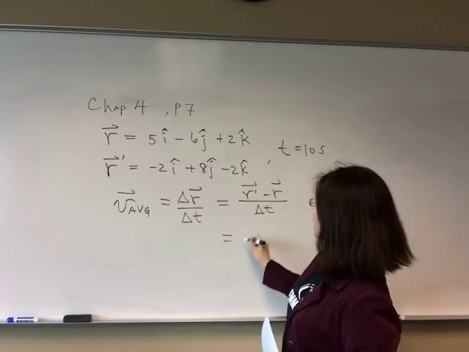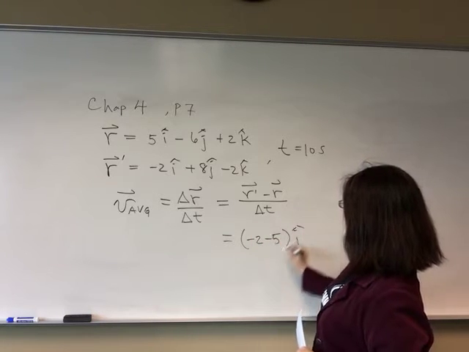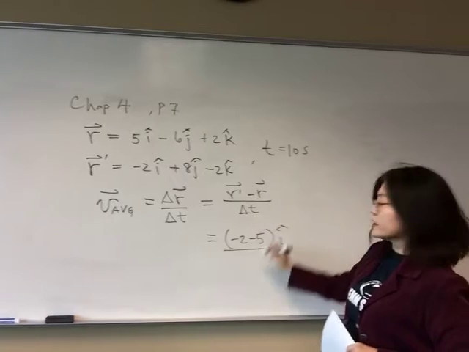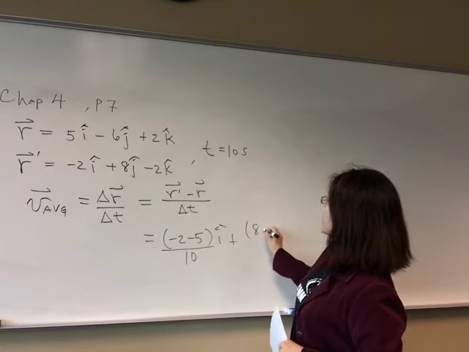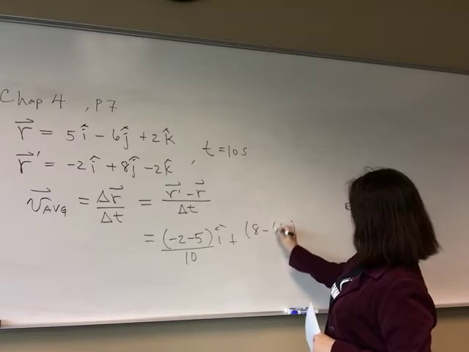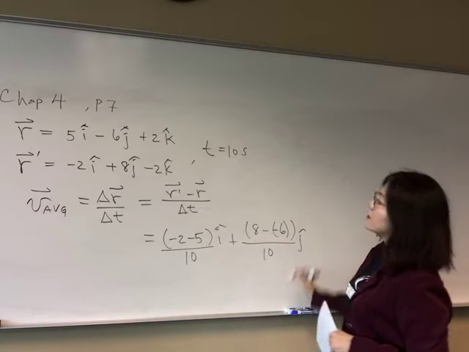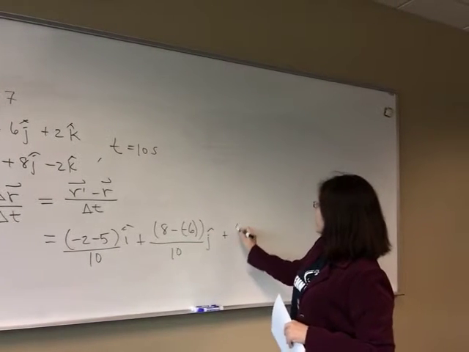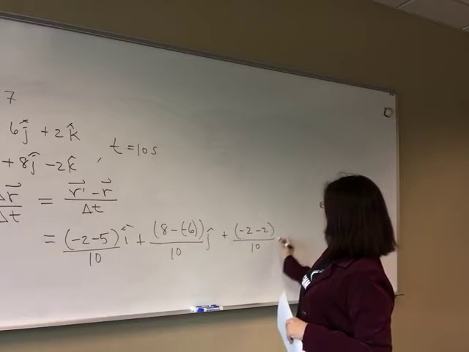So we have negative 2 minus 5, that's your i hat, divided by the time, which is 10 seconds. The next one is 8 minus negative 6, so I'm just going to keep it like that, over the 10 seconds, and that's your j hat. And then you have negative 2 minus 2 over the 10, k hat.